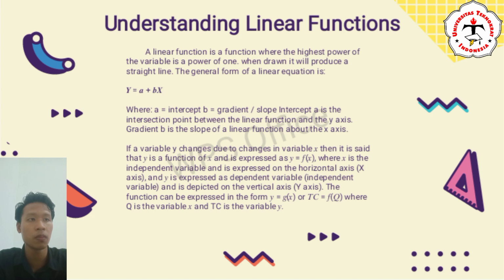Intercept is the intersection point between the linear function and the y-axis. Gradient b is the slope of the linear function about the x-axis.